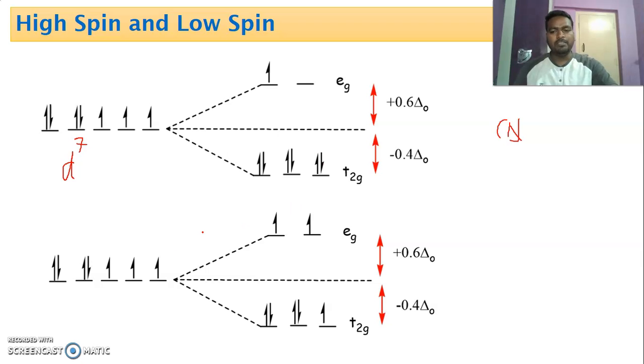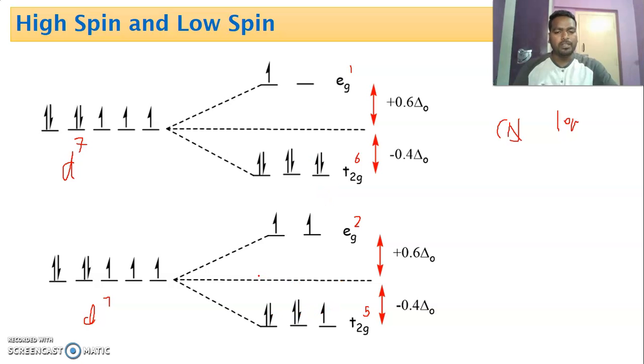So this is a low spin complex. This is also a D7 system, but the electronic configuration here is T2G5 EG2, while here the electronic configuration is T2G6 and EG1. Why has this happened? Because here it follows Hund's rule.